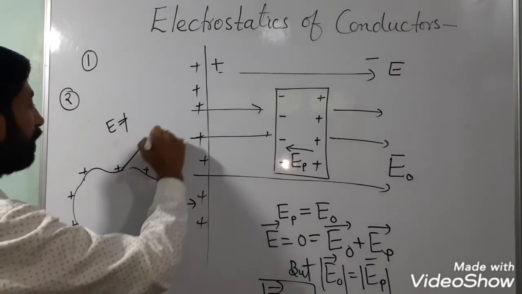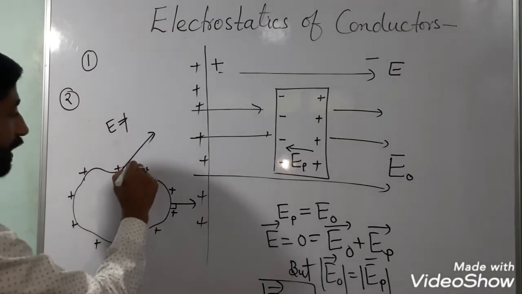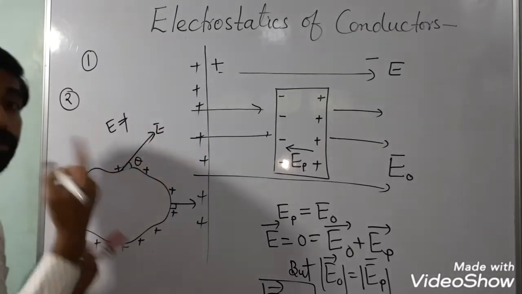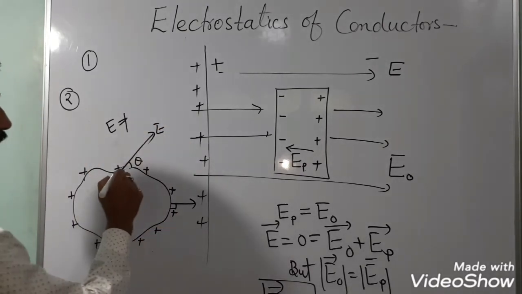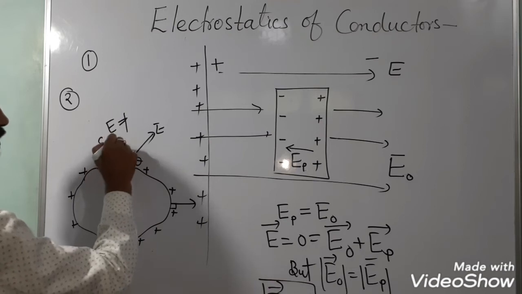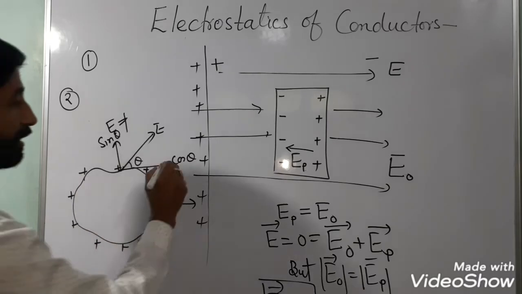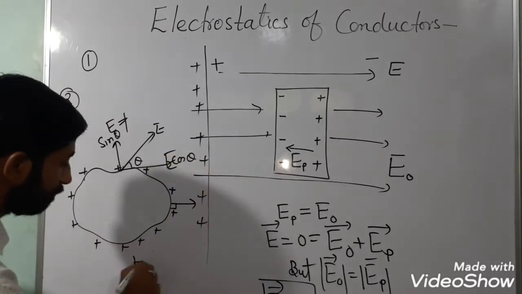Suppose this angle is theta. Then this electric field must have two components: the sine component, E sin theta, and the cos component, E cos theta.